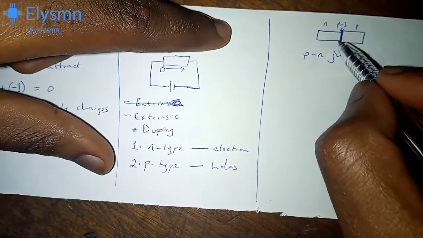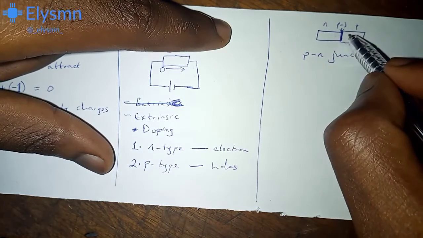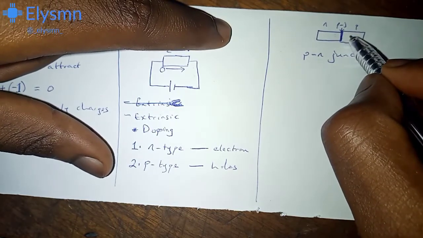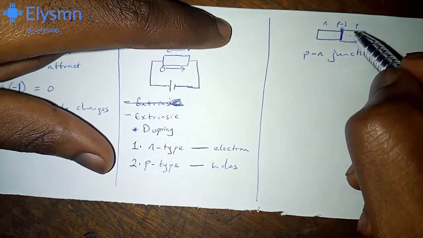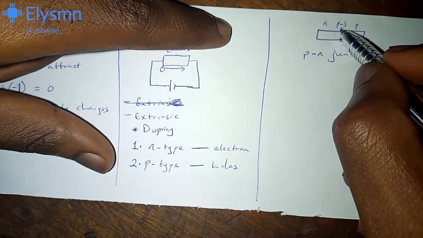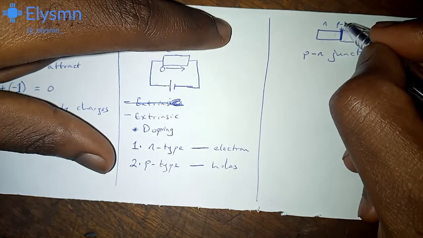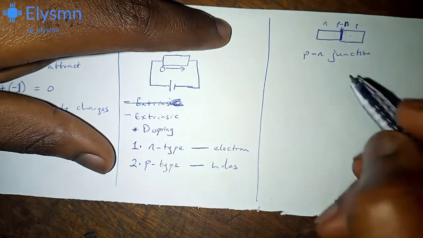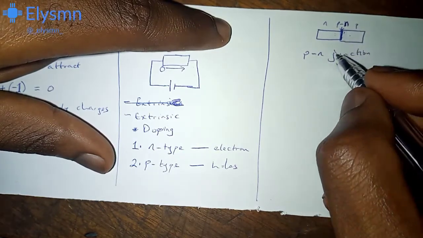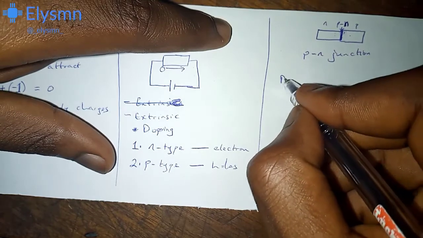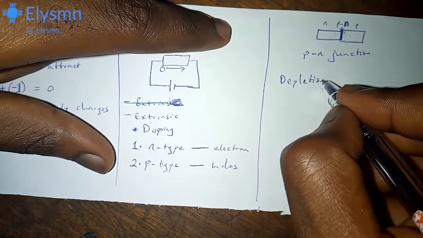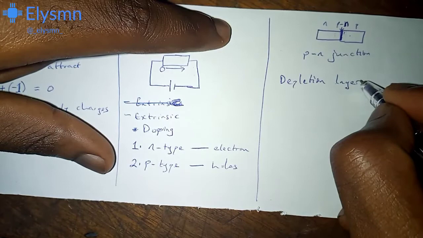The movement of electrons from the N-type to combine with holes in the p-type forms a layer in between them in this p-n junction. And this layer formed in the p-n junction is called a depletion layer.